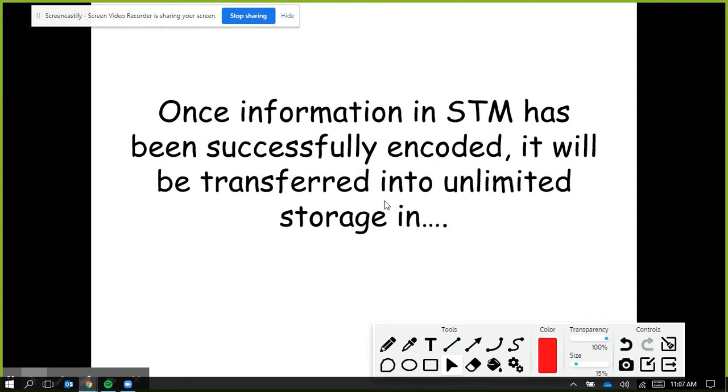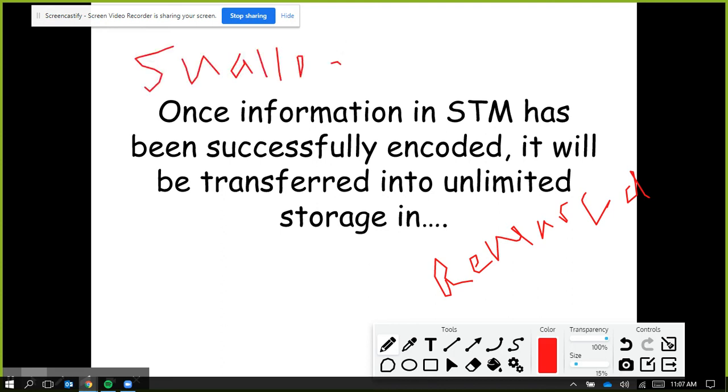So, if information that is in short-term memory is properly rehearsed, is processed, we talked about it last class. We have shallow processing, which is where we just basically memorize, and deep processing, which is where we give information meaning.